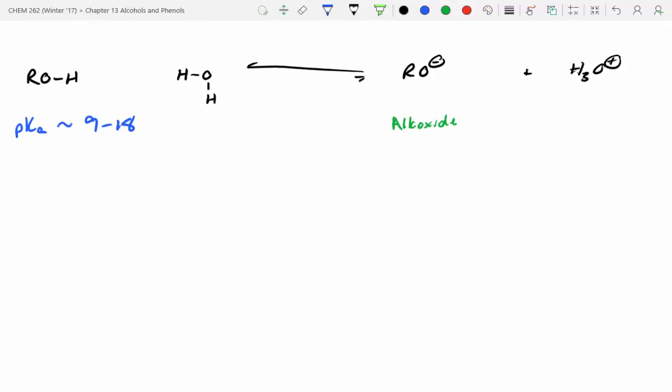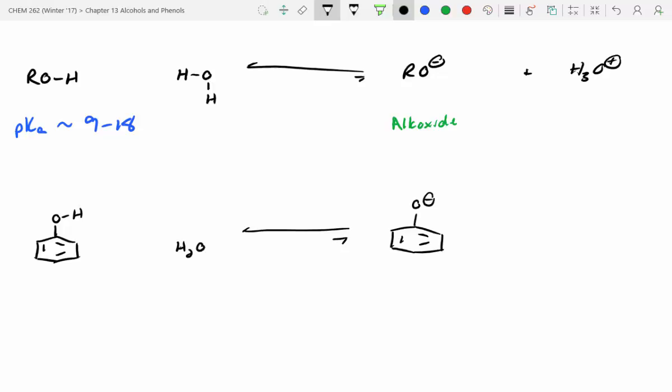Let's take a look at one really basic example. And this one's going to show up a lot throughout the year. Let's say we've got this compound. This is phenol, and its conjugate base is called phenoxide.